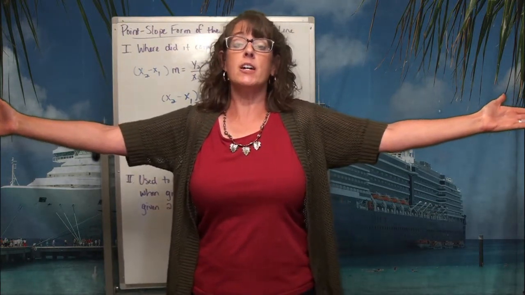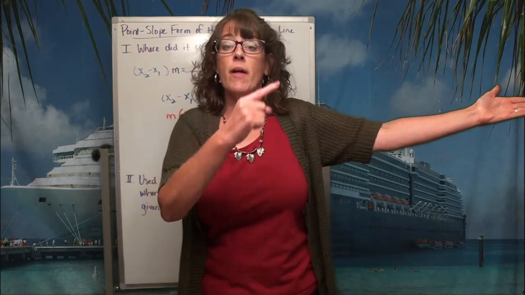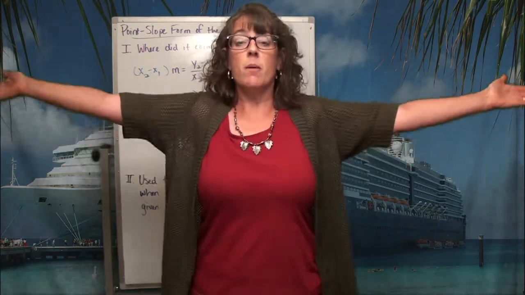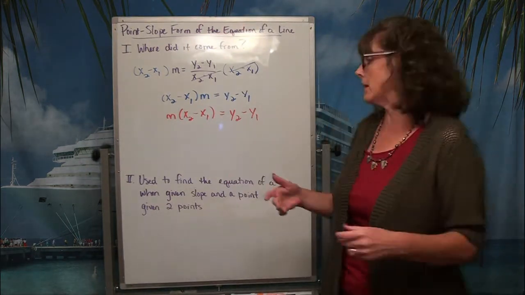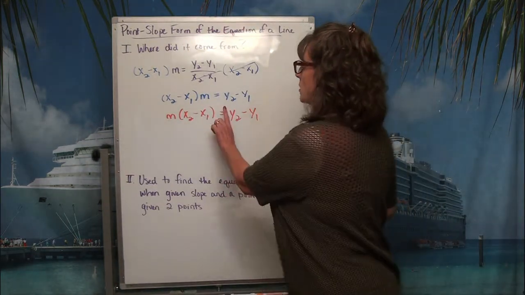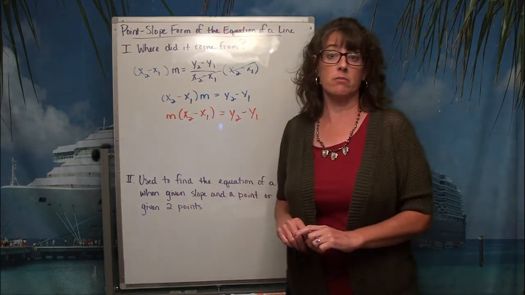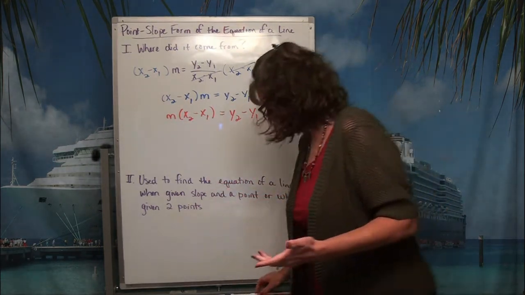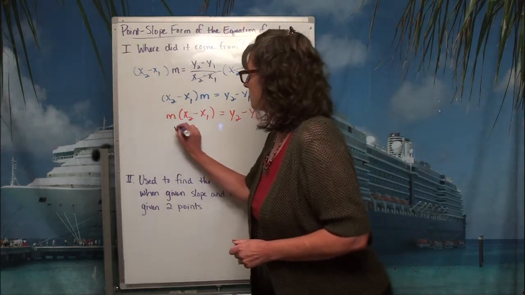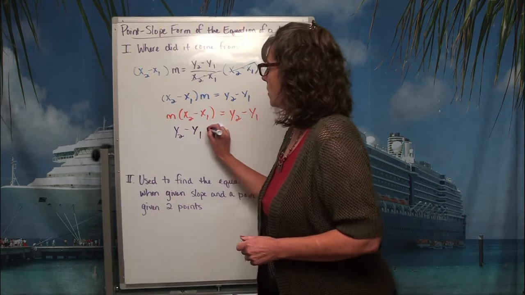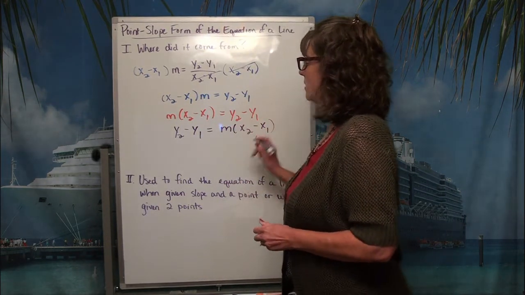So the idea here is that with the fulcrum in the middle, I can just spin and spin and spin that pan balance around. It'll teeter, but it'll always level out because it is a balancing act with a pan balance. So what I'm going to do then is, with this fulcrum in the middle, I'm going to take this side and flip it over here, and take this side and flip it over here. I mean, it's a pan balance, so it's perfectly legal to do that. So this side's going to slide over here as y2 minus y1 equals m times x2 minus x1.